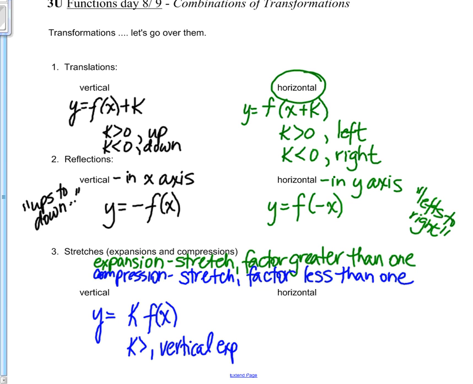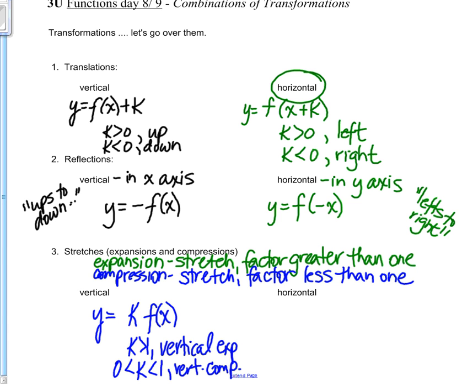Grab your function and pull it up. If your stretch factor is between 0 and 1, so it's a fraction, you have a vertical compression factor, whatever that fraction is.